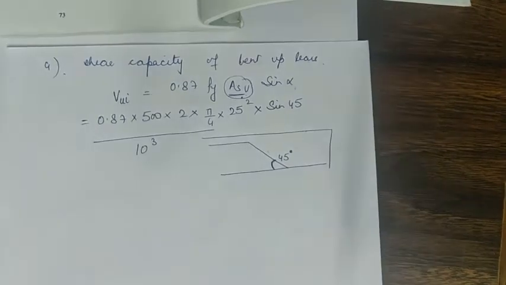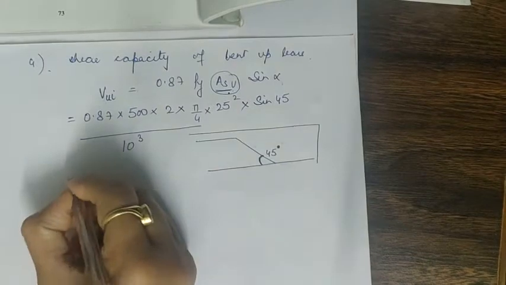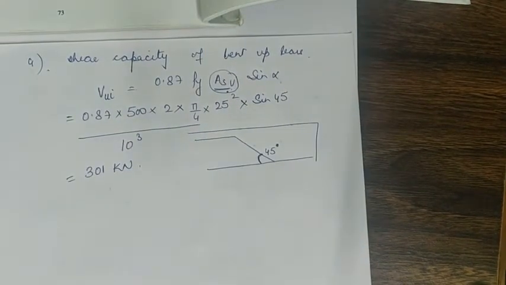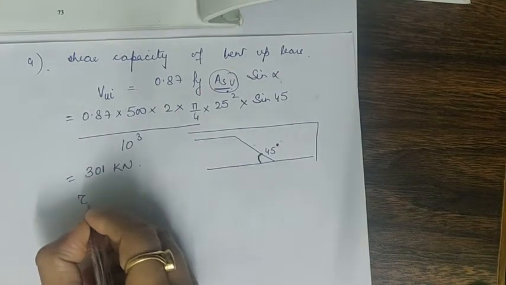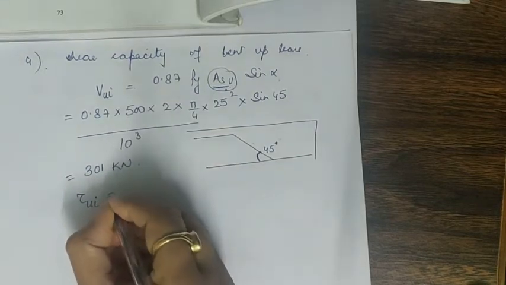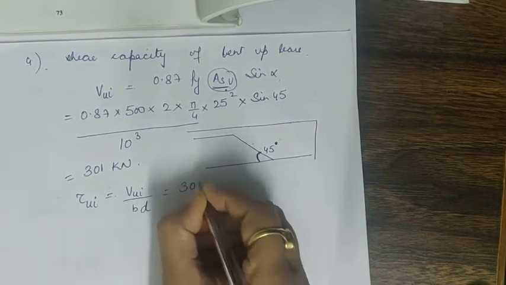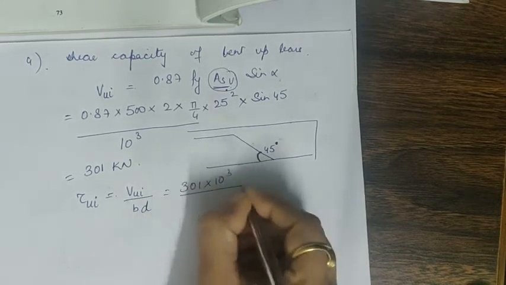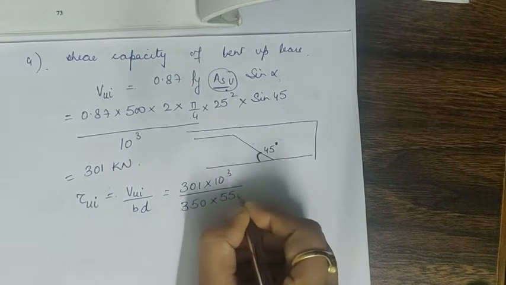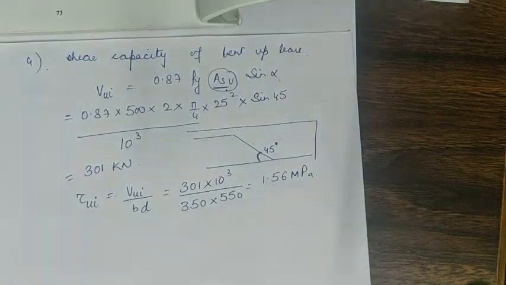I'll divide by 10 raised to power 3 to convert it into kilonewtons. So this is coming out to be 301 kilonewton. It means the shear strength carrying capacity of the bent up bar will be 301 kilonewton upon B is 350, D is 550. So it is coming out to be 1.56 megapascal.